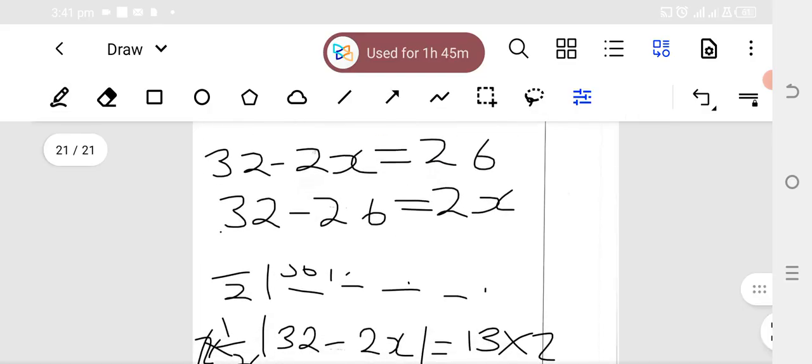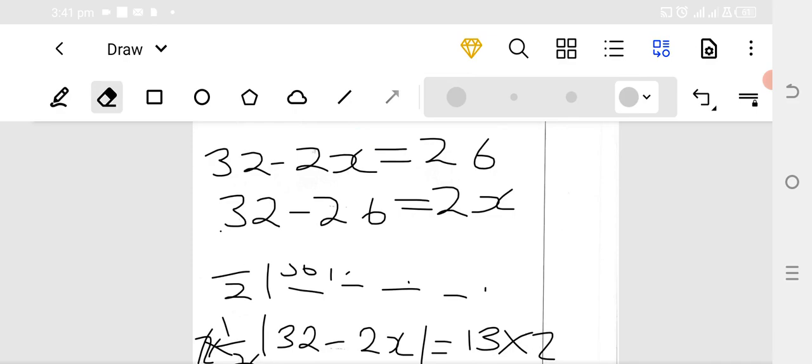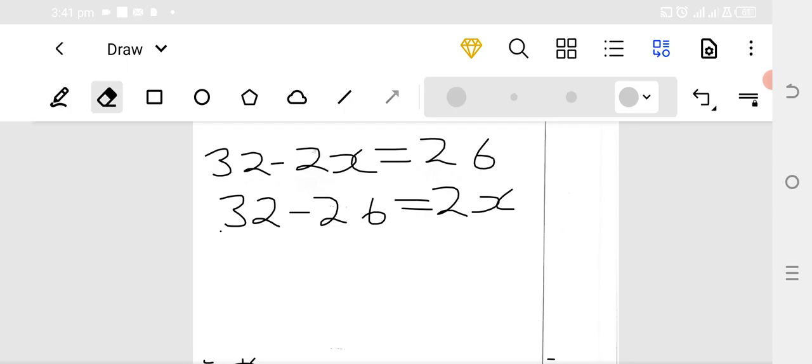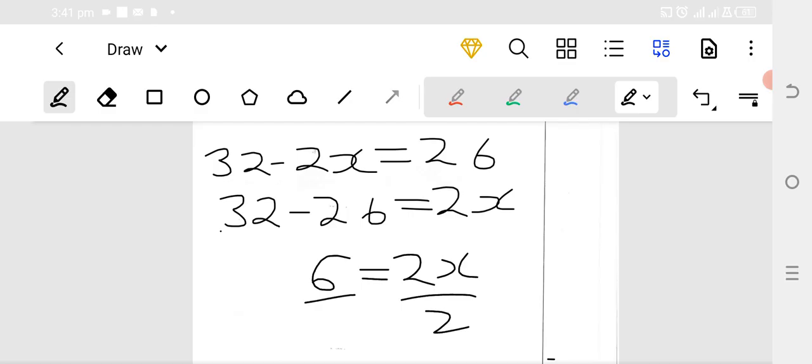The 2x is now positive. If we erase, it's going to become 32 minus that is going to give you about, that is a 4 plus a 2, which is 6. So 6 is equal to 2x. We divide by 2, we divide by 2, 2 can go into itself 1, 2 can go into itself 1, and then into 6 it's a 2.